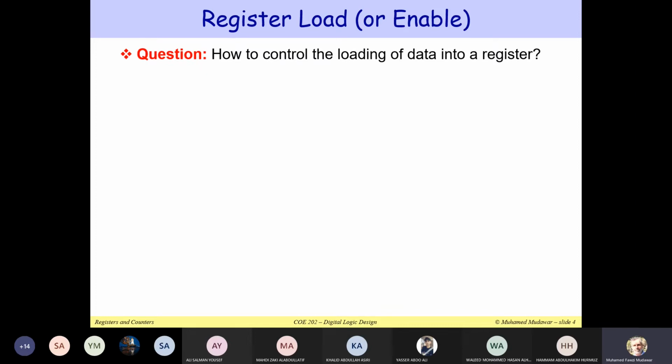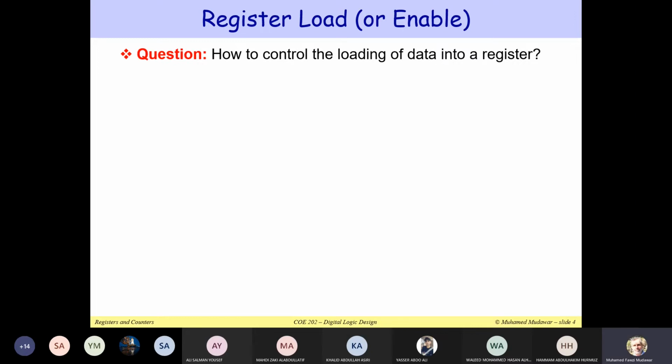Of course, we can add a control input, a load input signal, but how do we implement the register? If I'm not loading, the register will not change its value, so I'm not going to change its value cycle by cycle. I would like to control when to load and when not to load.